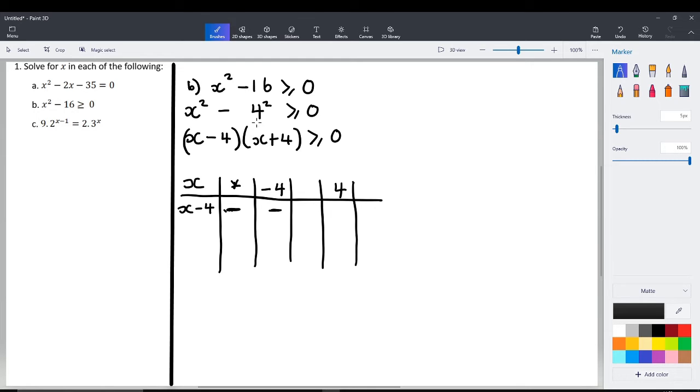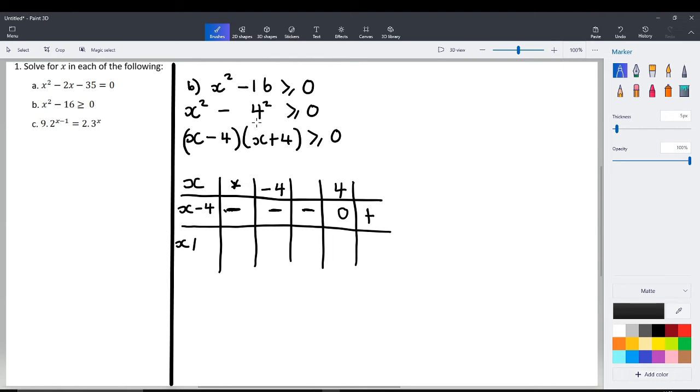Then I'm going to look for a value that is between minus 4 and 4. For example, 0. If I substitute, I still get a negative value. Then I'm going to substitute 4. 4 minus 4 gives me 0. Then I write my 0 down. Then in the last column, I'm going to look for values greater than 4. 5 minus 4, for example, will give me a positive value. So that's your first bracket, x minus 4.